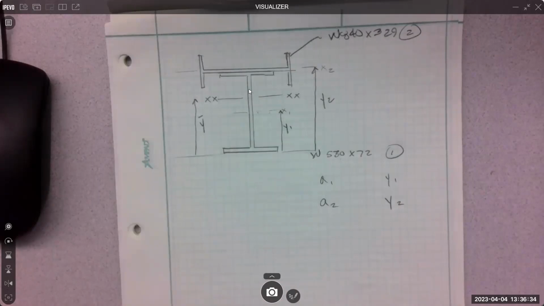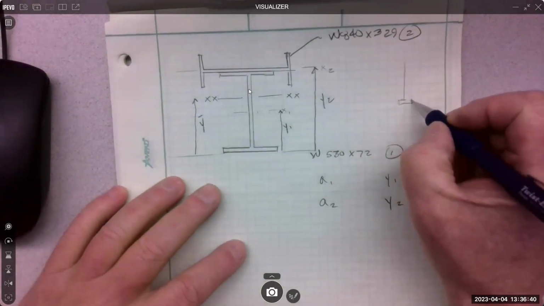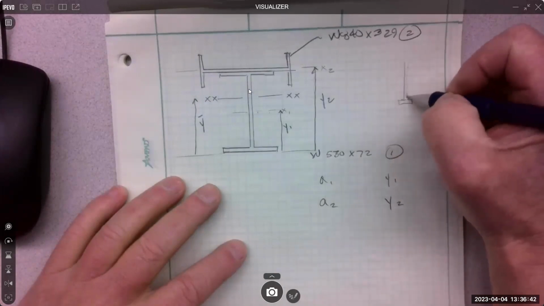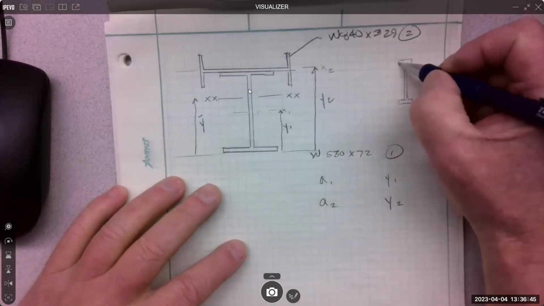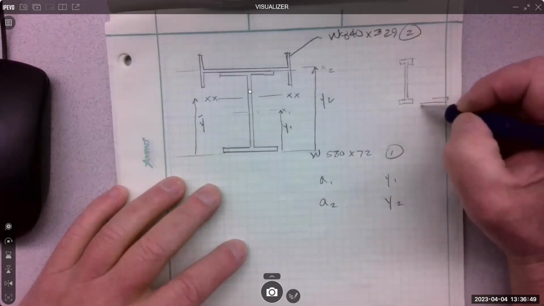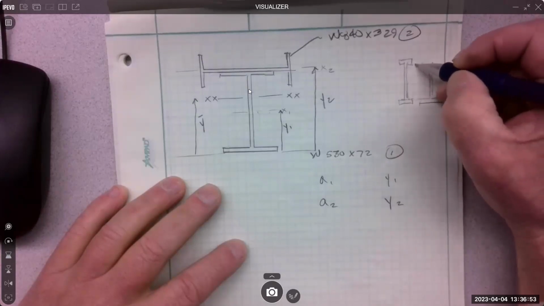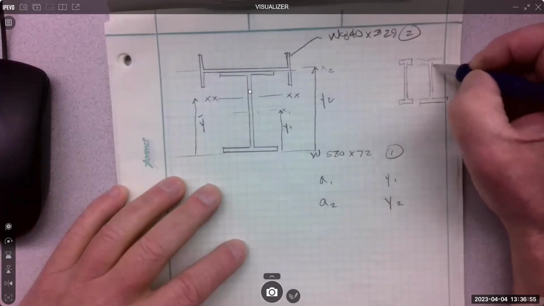Yeah. So the flanges are wider. So an I-beam looks like this. Right? And then a W shape would look like kind of the same structural piece, but just in a W shape form. Looks like this. It's just a lot wider flange.